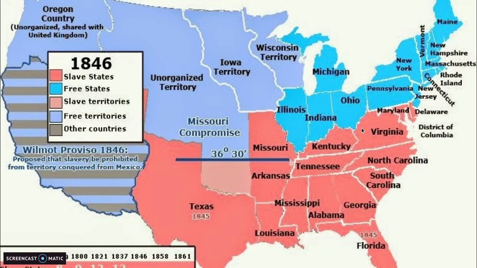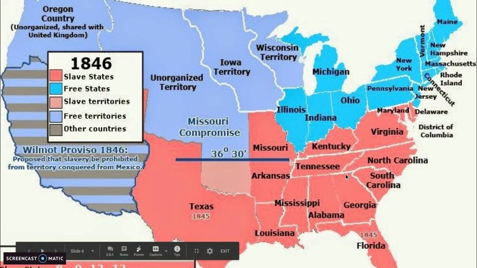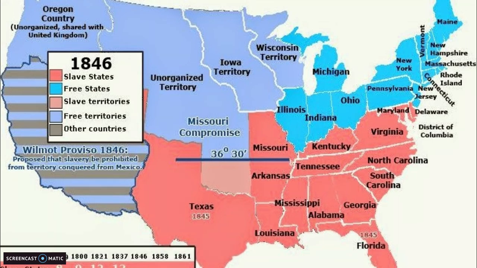So Ohio is included in that. Ohio was a free state. The red states are called slave states, and based on the name, you probably know why. They allowed their people to own slaves. So as you can see, it's divided.